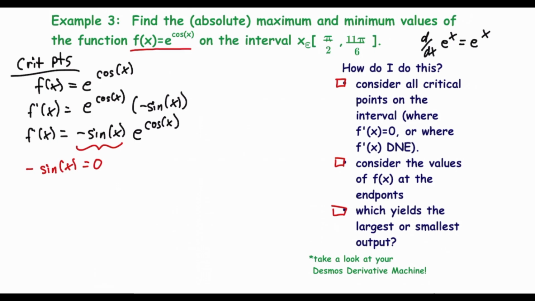Maybe you want to think about that in terms of your unit circle, or we can think about what our graph of sine x looks like. I'm going to sketch that really quick here, x and y. And when is sine going to have a value of 0? Well, at 0 and at pi and at 2 pi.